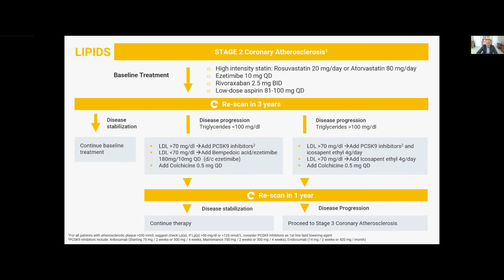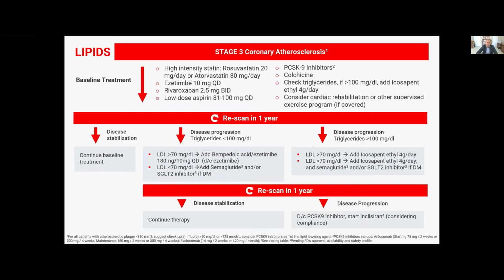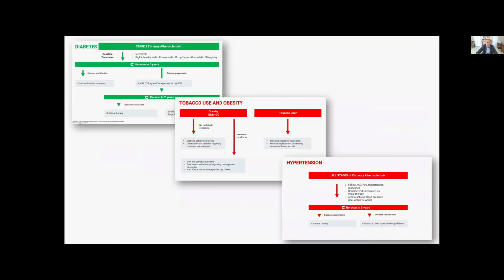If there's progression, then you go on to intensifying lipid-lowering therapy, and you add the anti-inflammatory colchicine, which has been shown in randomized controlled trials to improve outcomes. And of course, if triglycerides are elevated, then also the addition of icosapent ethyl, and then these patients are rescanned again. If their disease is stabilized at that point, therapy is continued. If there's disease progression, you proceed to finally stage 3 coronary atherosclerosis, which is the most comprehensive, as you can see in its recommendations. So there are algorithms for all of the traditional cardiovascular risk factors.